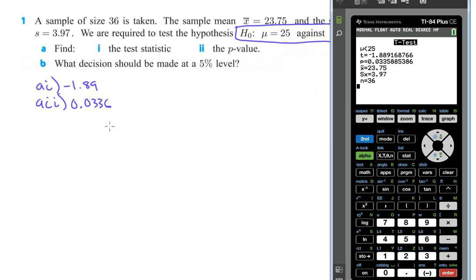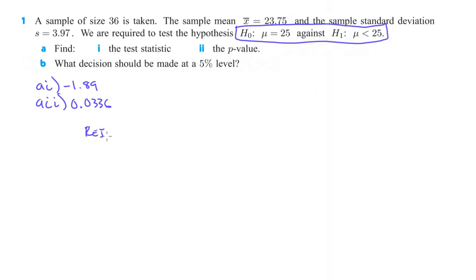What they didn't ask us to do, which we have to do, is write our rejection inequality. So our rejection inequality is always: reject H0 if we end up with our p-value being less than our alpha, which is our 5% level, our significance level.